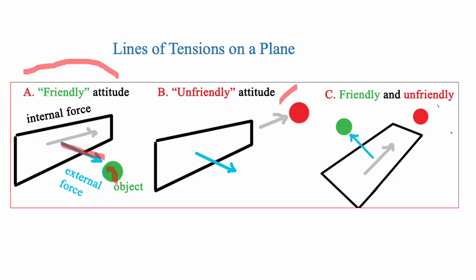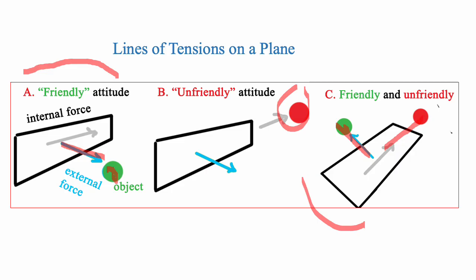But this object over here has an unfriendly position, like turning your body 90 degrees away from your listener. And the same relationships here occur with this horizontal plane, where this is perpendicular to the plane, so it has a friendly attitude, and this is an unfriendly attitude.